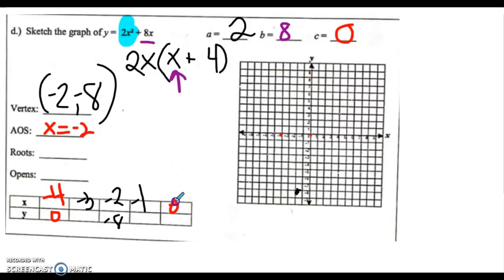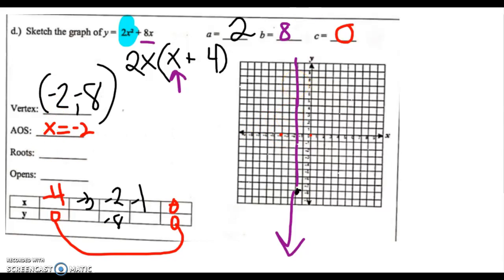So this 0, 0, these two should always match up because they're on opposite sides. So now over here I said the axis of symmetry was at x equals -2. So that's right there. That's kind of the folding line.